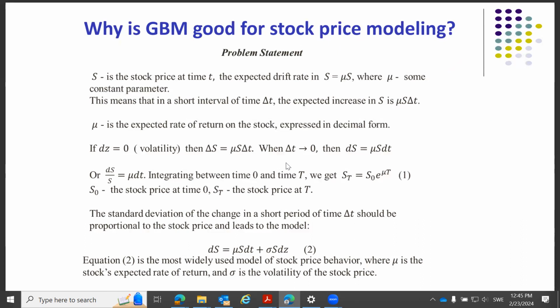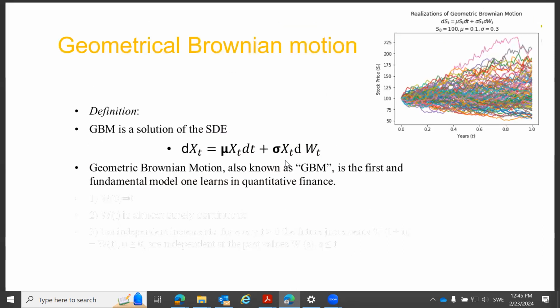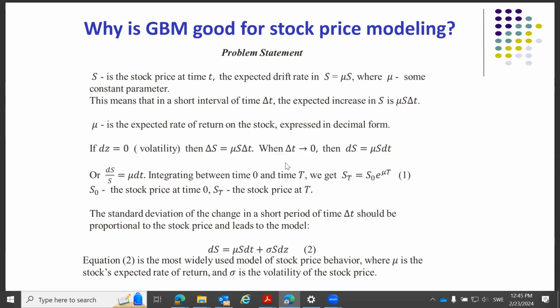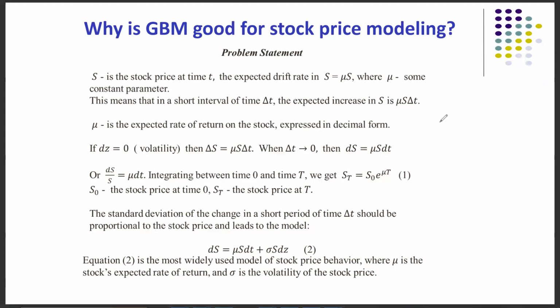What is this from an economic point of view? Maybe geometric Brownian motion is a suitable model. Really, if we consider the change in the stock price, dS, it is like a rate of change, a speed of change.